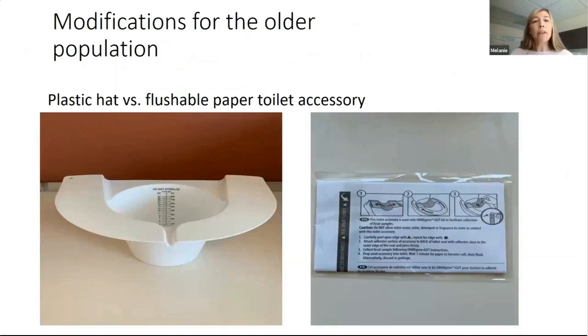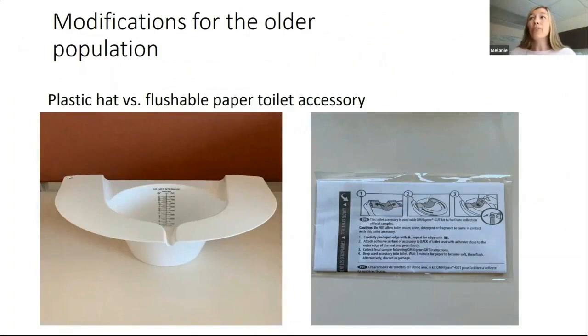Some modifications for the older population. We chose to use a plastic hat versus the flushable paper toilet accessory. We just thought this would make it easier for the men with hand tremors or arthritis in their hands or even vision problems. Simply placing the plastic hat on the toilet and giving the sample.